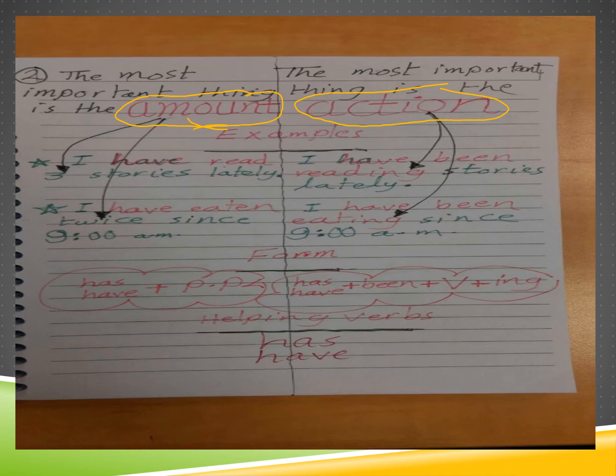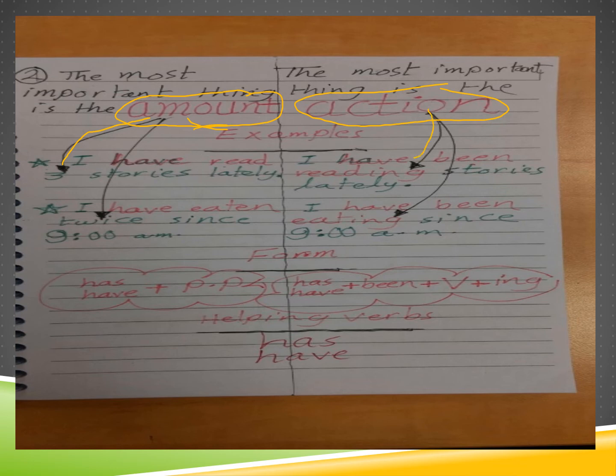Then we have two more examples. I have read 3 stories lately. I have been reading stories lately. Look at this arrow. I have read 3 stories lately. This means that I am concentrating on the amount. How many stories? 3 stories. So you have to use the present perfect simple. And here, I have been reading. I am concentrating on the action of reading itself.